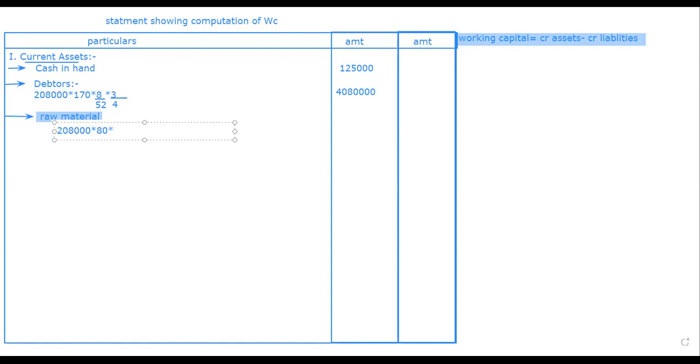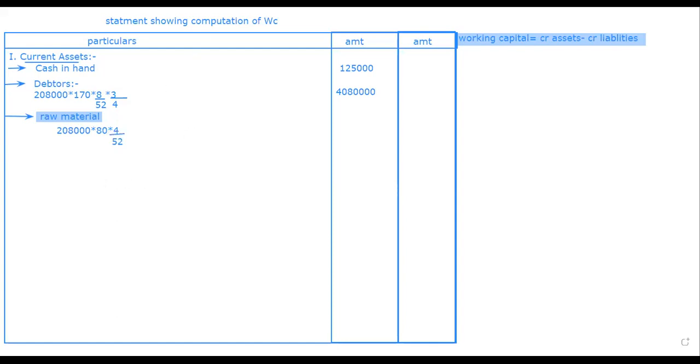So 1 month means, I said every piece of information we are converting into weeks, no? So that's why 1 month means 4 weeks. So 4 divided by 52.